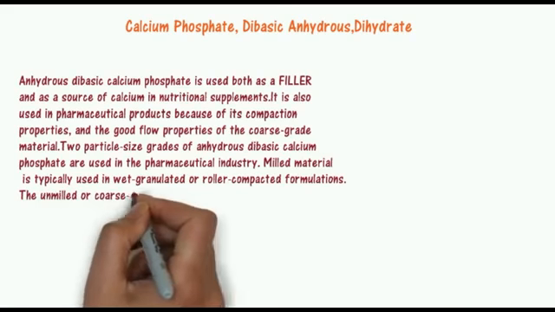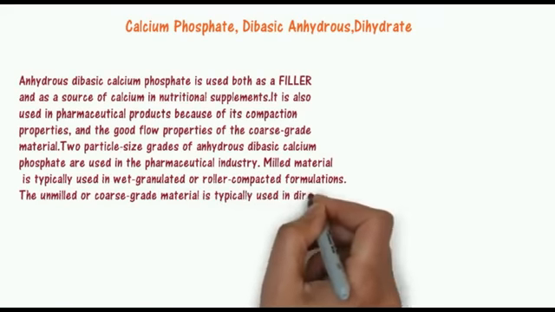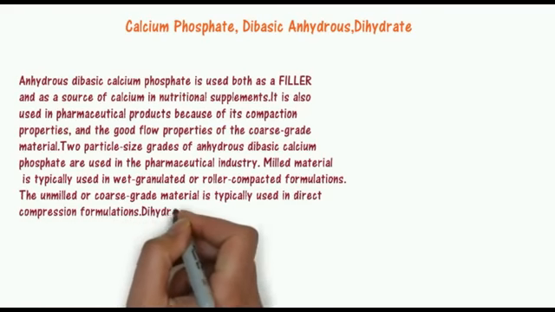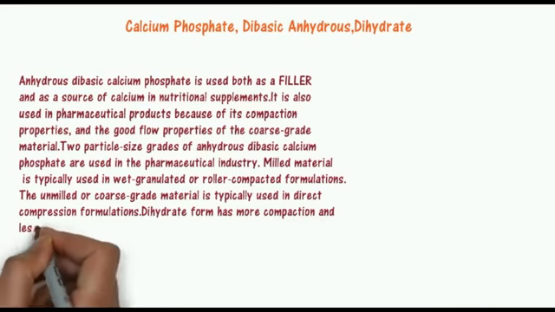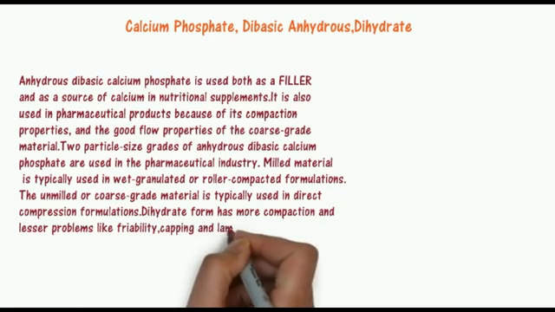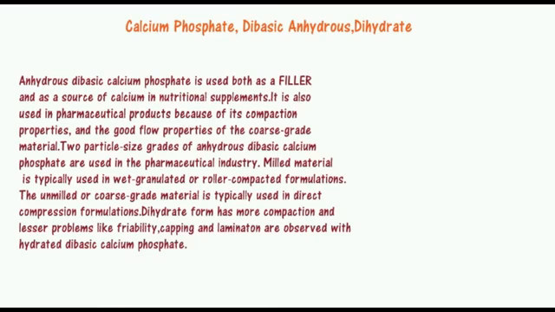The unmilled or coarse granulated material is typically used in direct compression formulation because the particle size in this case is larger.